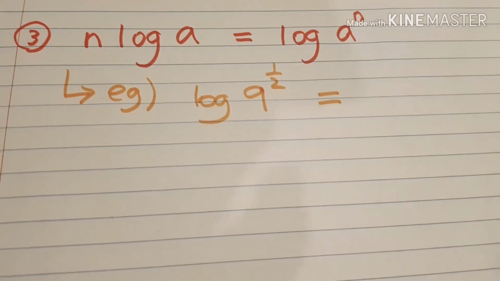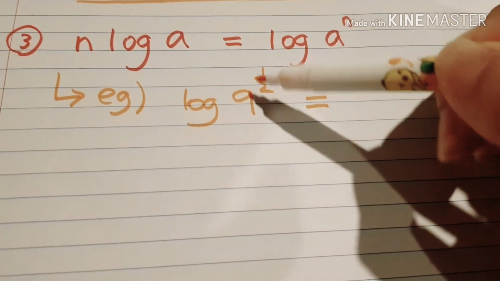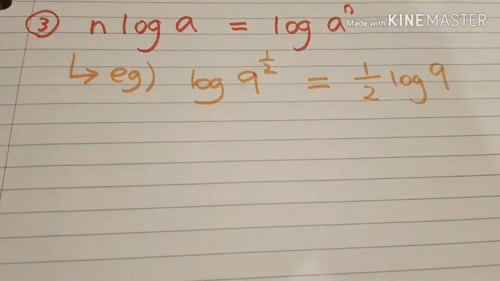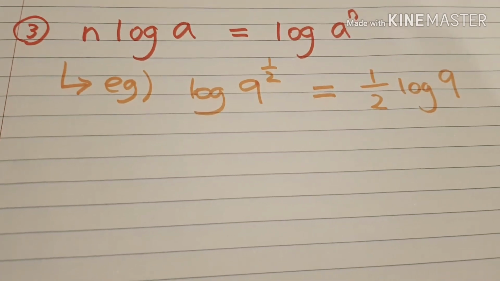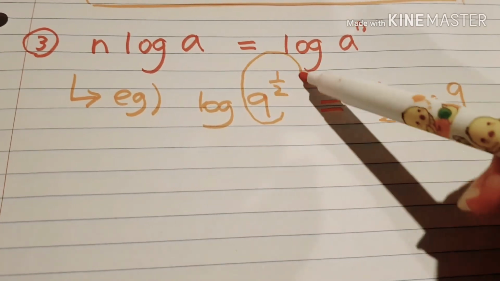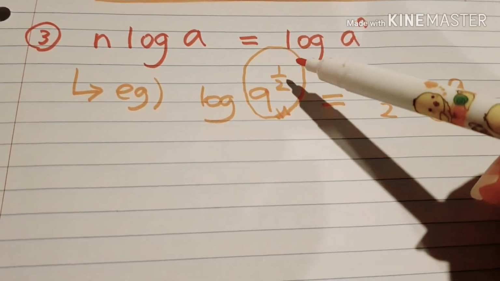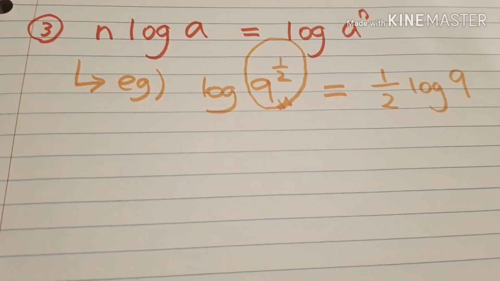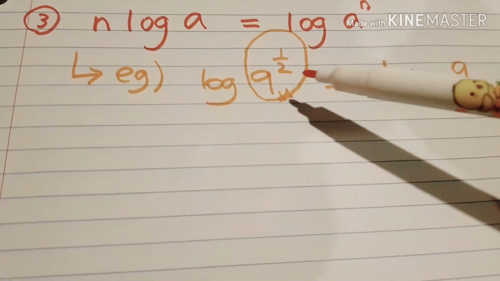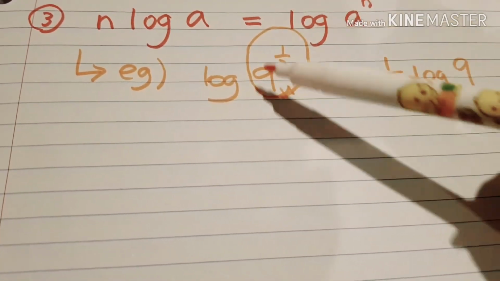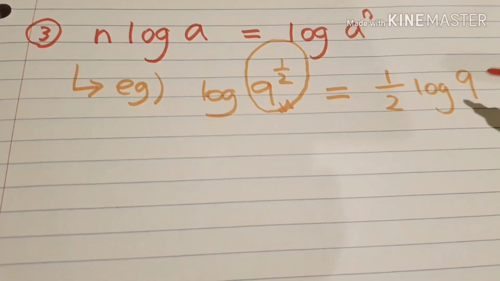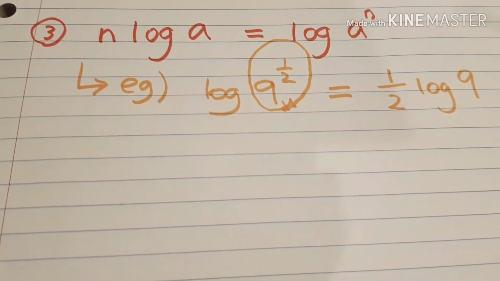For this one, I have 9 to the power of a half. I can pull this down in front and rewrite it like this. For example, you can simplify it. 9 to the power of a half is the square root of 9, which is 3. So you can also rewrite this as log 3. It doesn't have to be in the power form. But if there is any power, then here is the rule to follow: you can pull the power down in front.